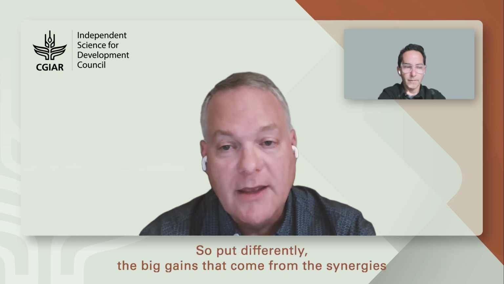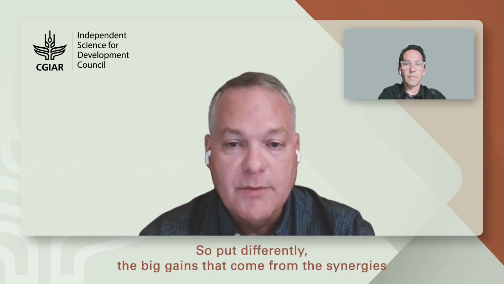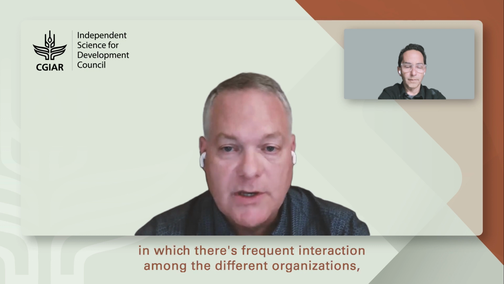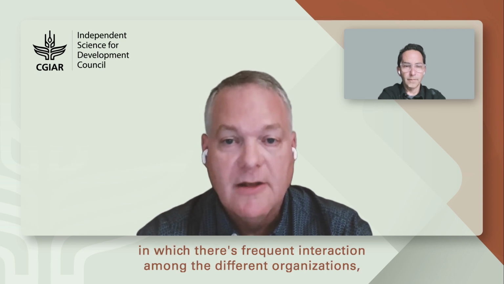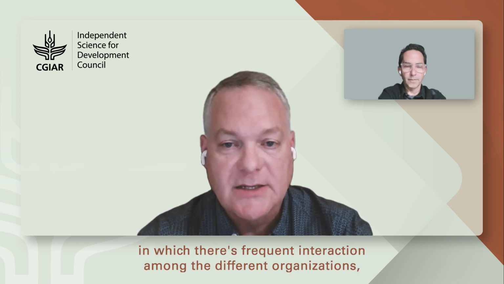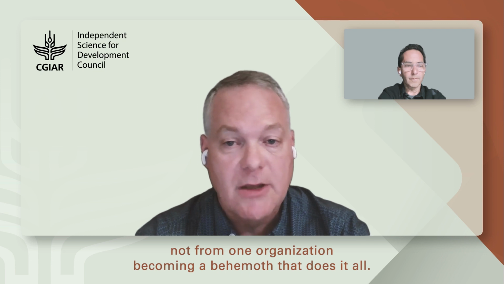So put differently, the big gains that come from the synergies or the scale seem to come mainly from being part of an ecosystem in which there's frequent interaction among the different organizations, not from one organization becoming a behemoth that does it all.